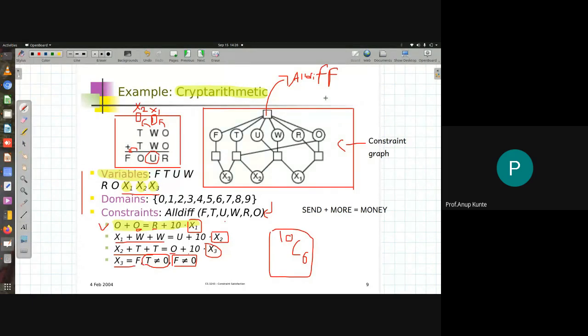This particular constraint, where all the variables F, T, U, W, R, O are participating, these links show that these variables are participating in this constraint. It is called the all diff constraint, wherein we say that all have different values. Their values do not match.